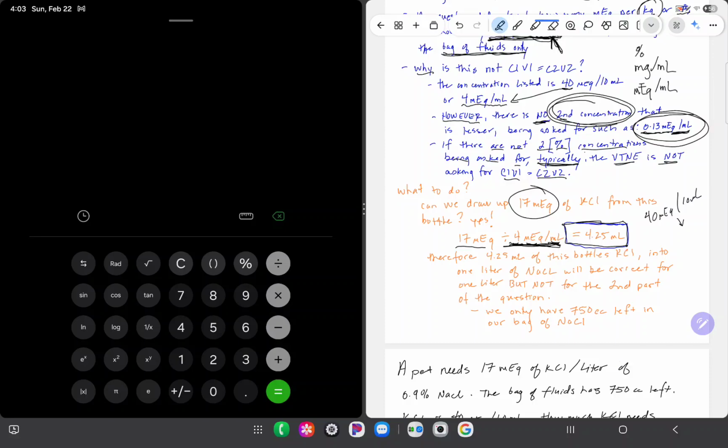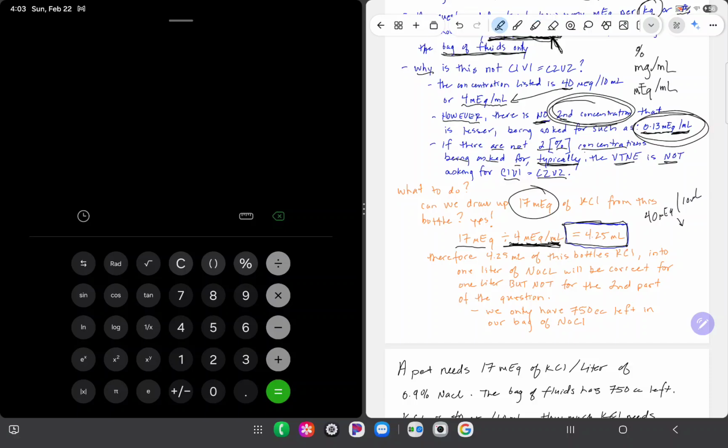Just like if somebody said, I need 2 mg of hydromorphone for a dog, and hydromorphone happens to be 2 mg per mil. Fabulous. That is 1 mil I need for that dog. That is the same type of thing they're asking for.